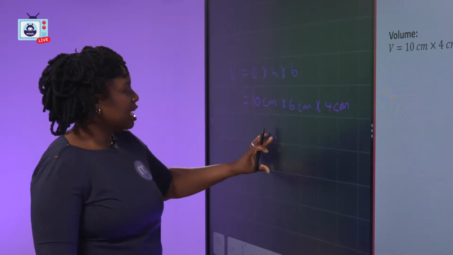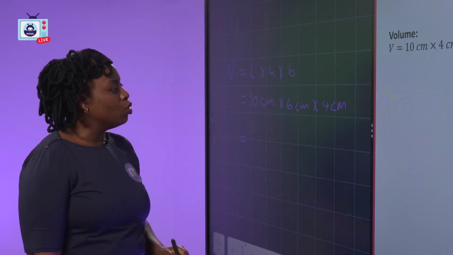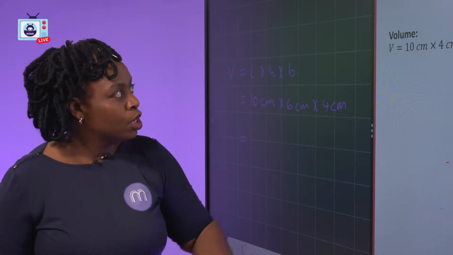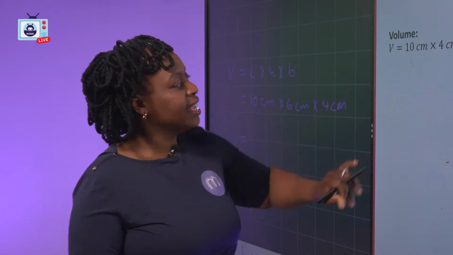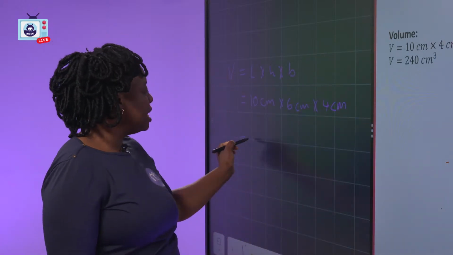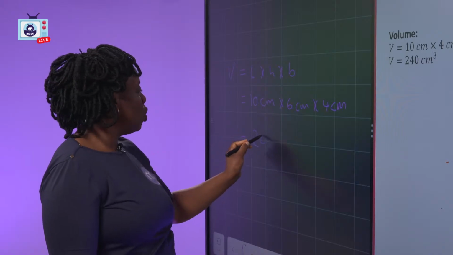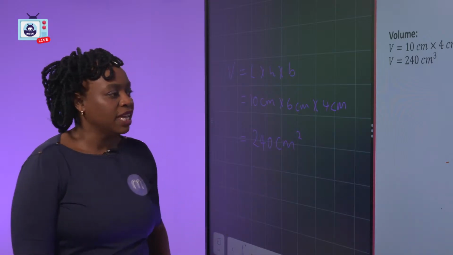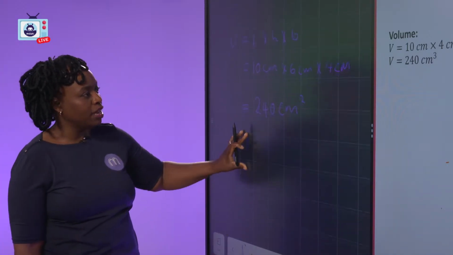You can calculate that together and find your answer as quickly as possible. In this case, I have found my volume to be 240 centimeters cubed. That's how you get the volume.